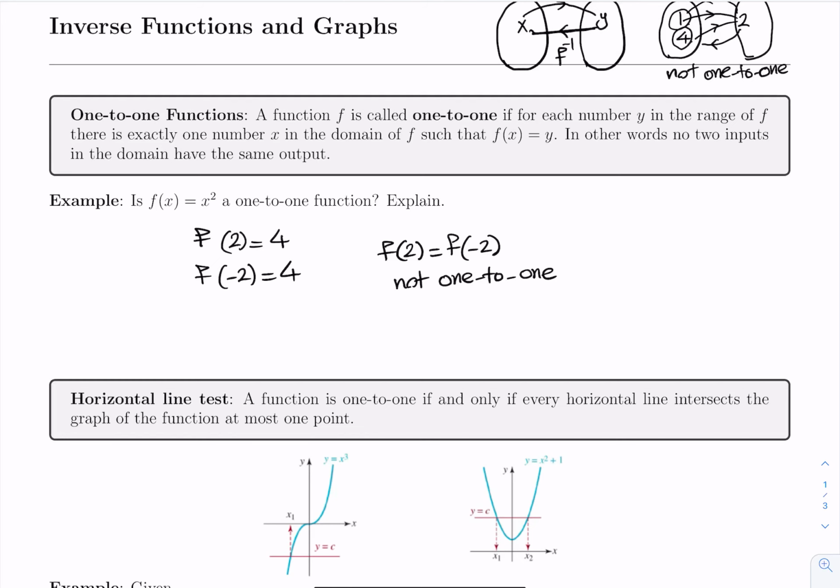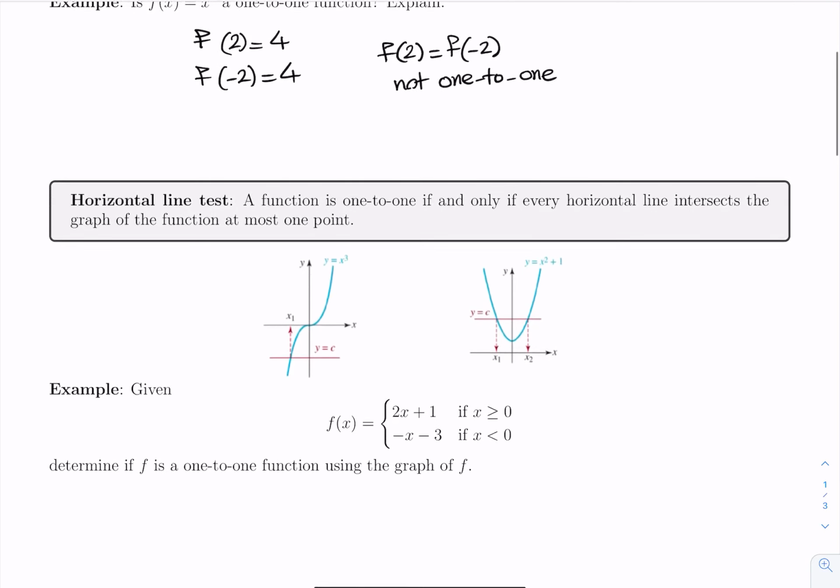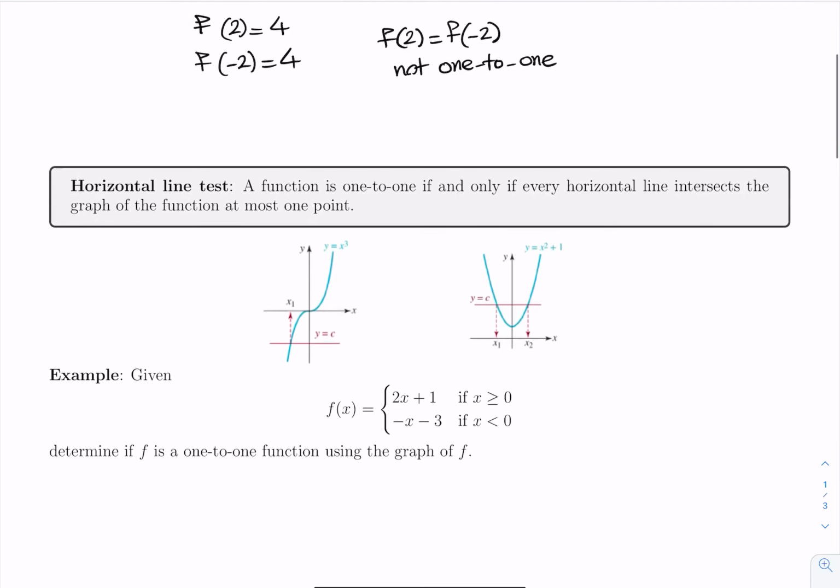We could also decide using the graph of a function whether the given function is one-to-one or not. How? The definition of one-to-one function is that for each y output, there must be exactly one x input. Means that for each y coordinate on the graph of the function, there must be at most one corresponding x coordinate, no more.